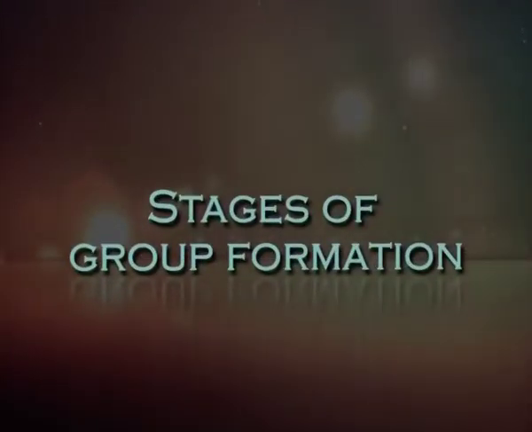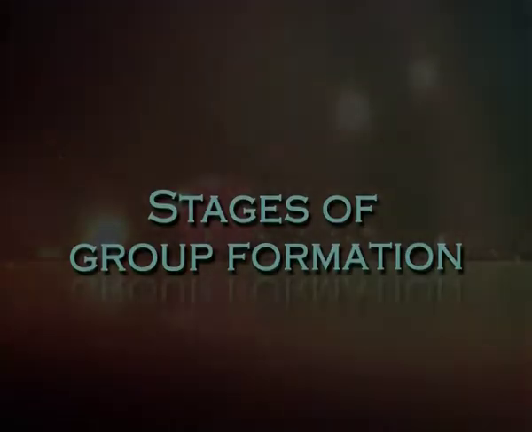Stages of group formation. Any social group is not formed overnight. It takes time for a group to develop into a point where it is effective and all members have a we feeling and are connected.